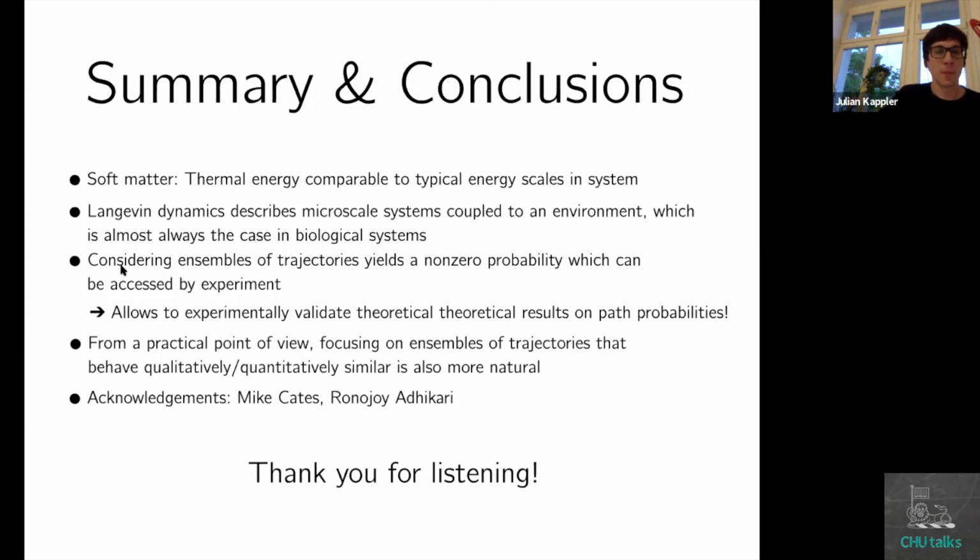And by considering ensembles of trajectories, by considering a tube full of trajectories, we can get non-zero probabilities, which can be used as an experimentally accessible vehicle to approach path probabilities. And we think that from a practical point of view, having these ensembles is also more natural than looking at individual trajectories, because there's always some threshold up to which you're interested in something.